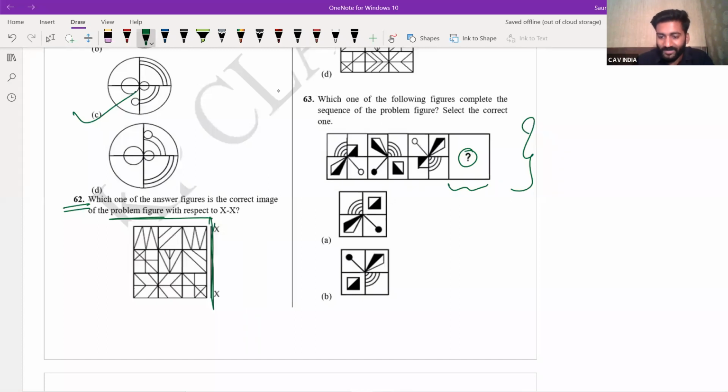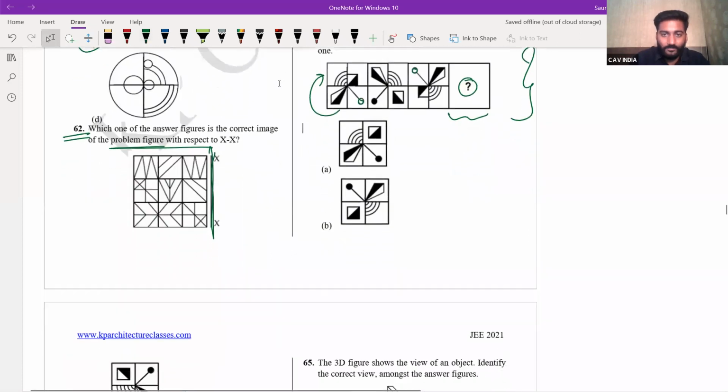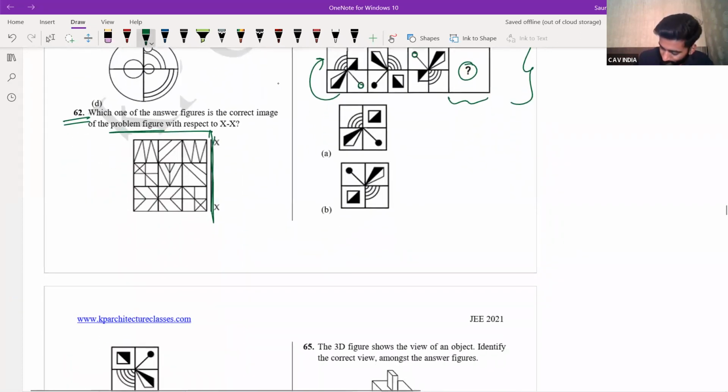So if you start finding it from this one, let's say this entire figure rotates 90 degrees clockwise, and the figure rotates. Basically, this is a hollow circle, this is a hollow circle, and then it is getting flipped or rotated like this. Similar to that, you can also rotate this particular figure here.